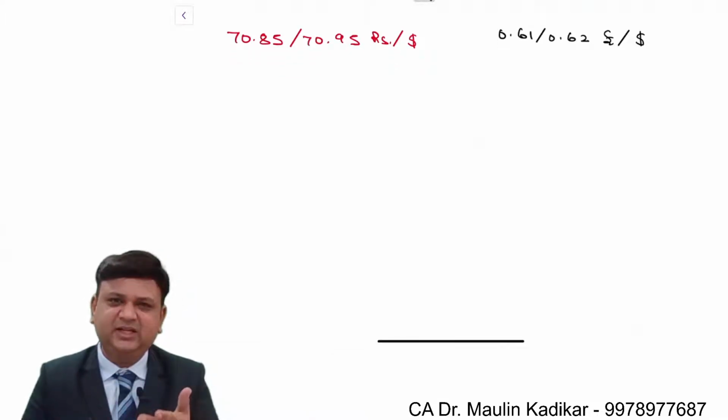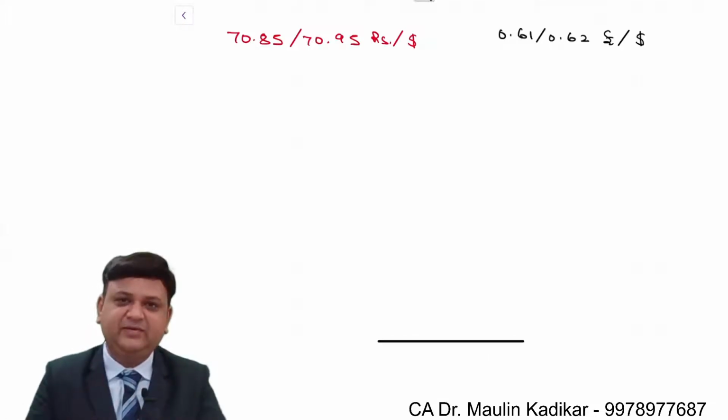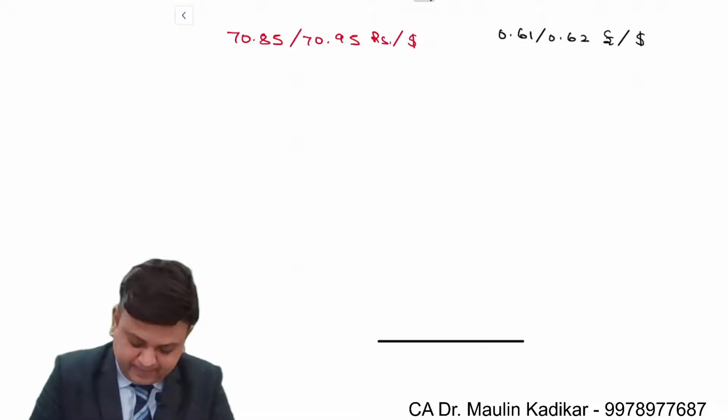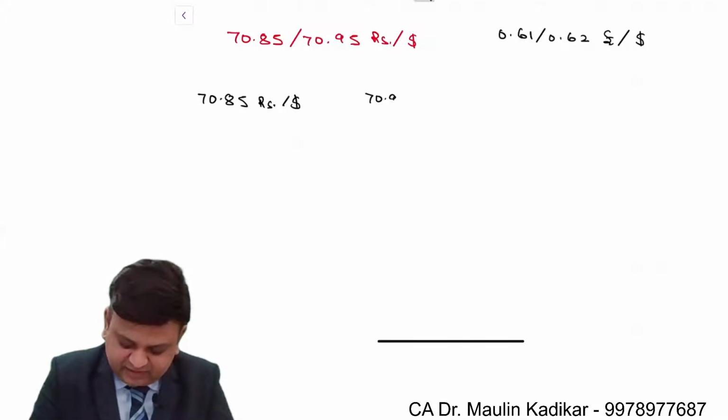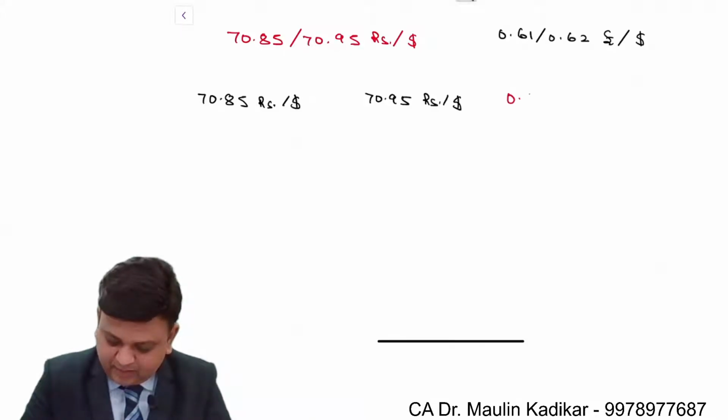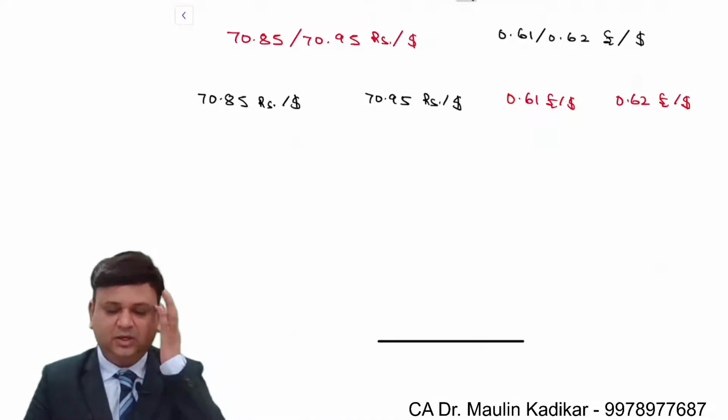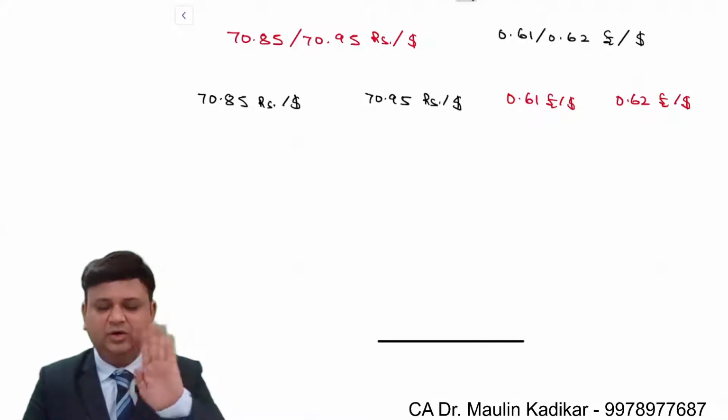Before I read the question, I just want to do a bifurcation like this. The rates are provided: 70.85 rupees per dollar, 70.95 rupees per dollar, 0.61 pound per dollar and 0.62 pound per dollar. Going logically, we do not want to cram anything.